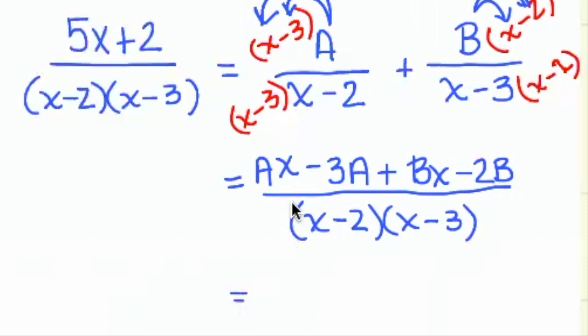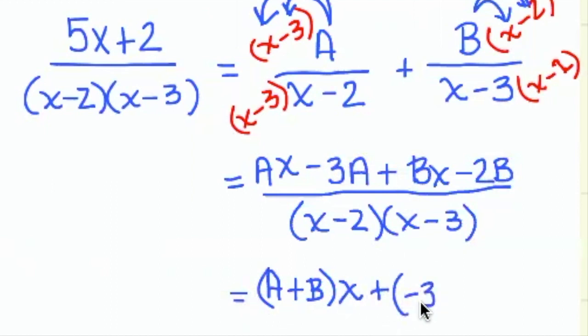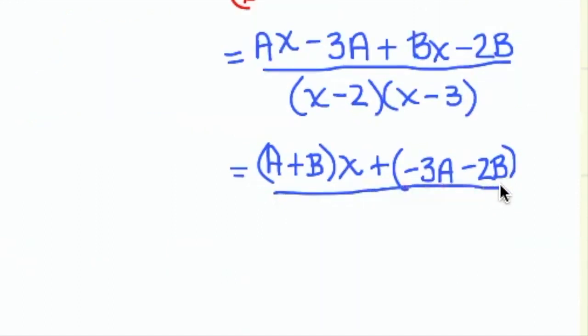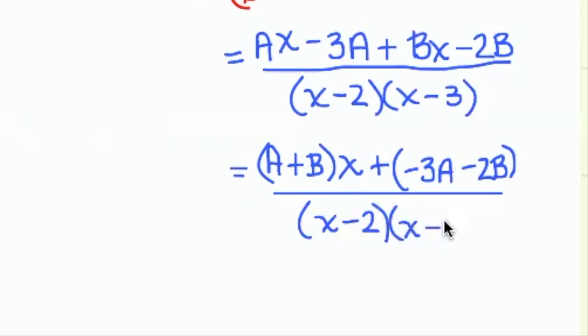In my numerator, my x's are Ax and Bx, so I factor out the x. I have A plus B, x. And then I want to group my constant terms. I have a negative 3A and a negative 2B. So all I've done is gather the x terms together and the constants together so that I can now compare that to what my numerator on the left side is.